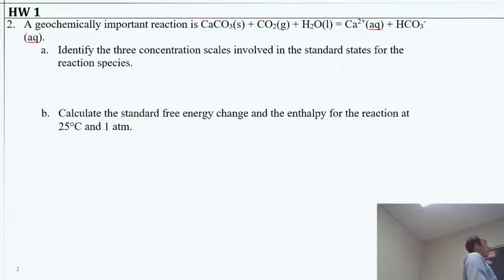So the first part of this says identify the 3 concentration scales involved in the standard states for the reaction species. So this is referring to the fact that we might have molal, so moles per kilogram. That's kind of typical for our concentration units. We might have mole fraction, and also pressure. So it would be the 3.